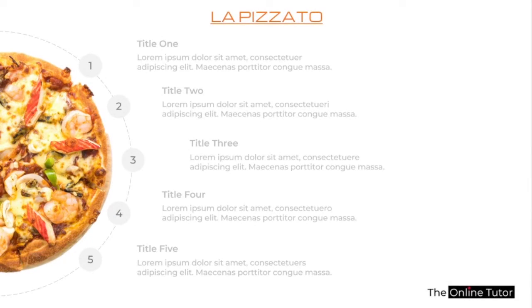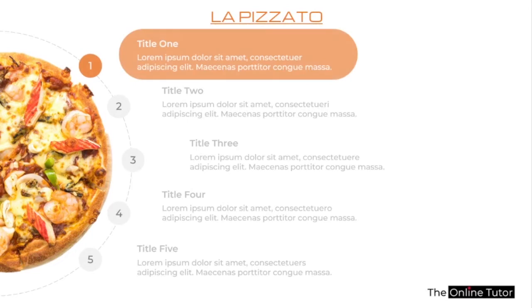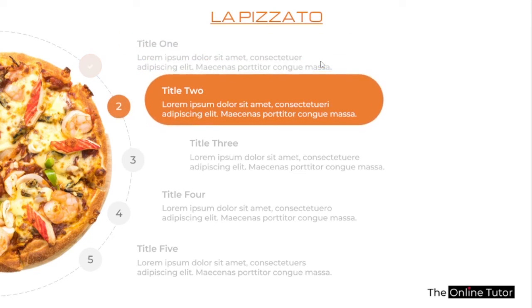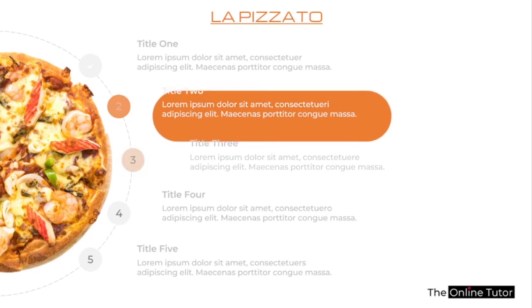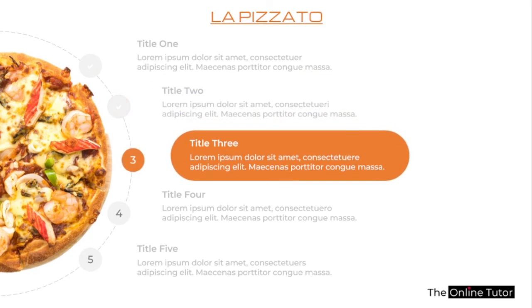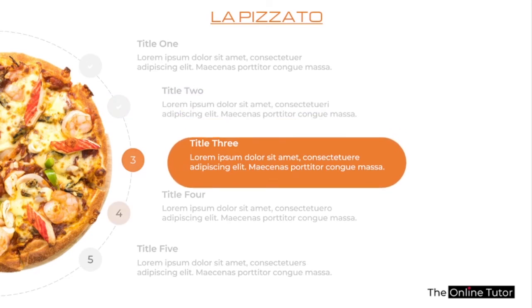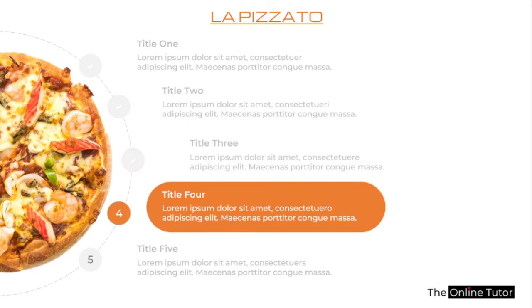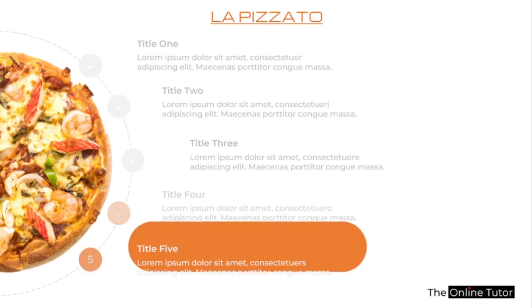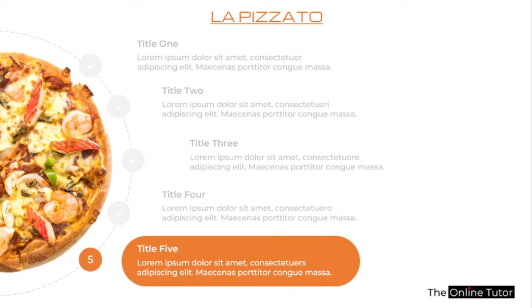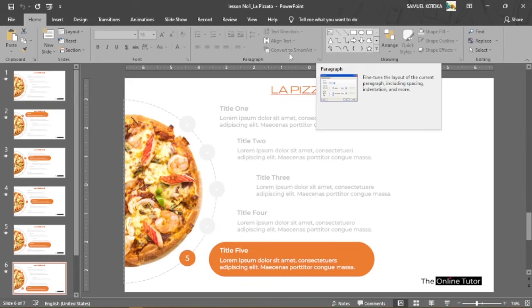So this animation where as you select it, you have one of the boxes being highlighted, and then this box appearing over here, and then the moment you are talking about the next point, it moves with this smooth and beautiful animation. Then you explain the third point about the third type of pizza you have, the fourth point, and then the fifth point. The same way, the animation is very smooth and very fluid. That is what we want to achieve.